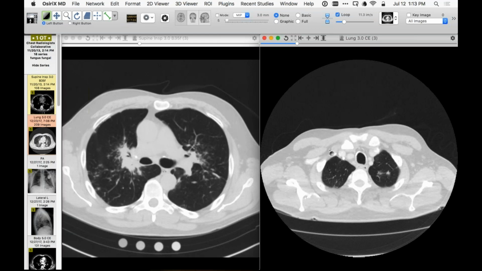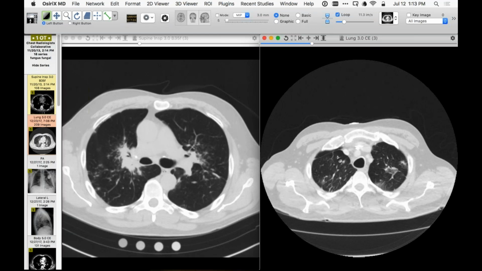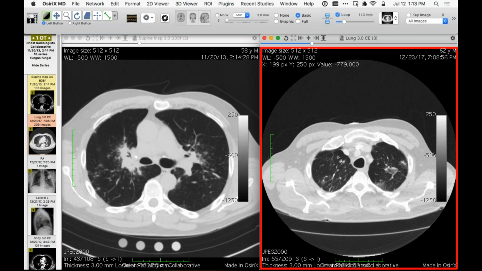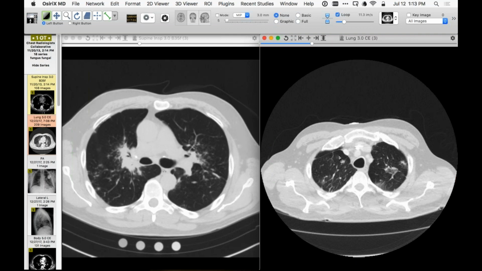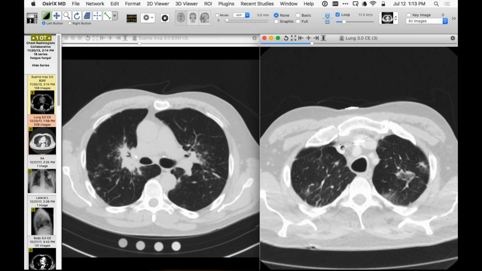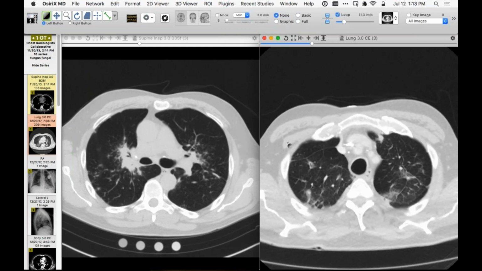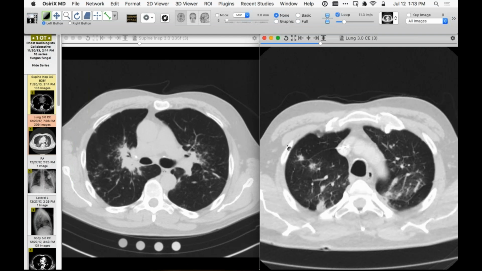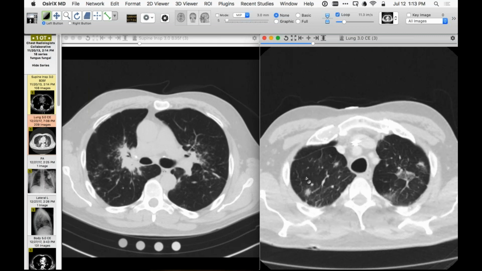Now I'm going to show you the CT that was done at the time of the acute illness, approximately. Let me make this one a little bit bigger. I'm going to show you some new opacities that have developed. Some are quite focal, somewhat rounded, but with ill-defined margins.